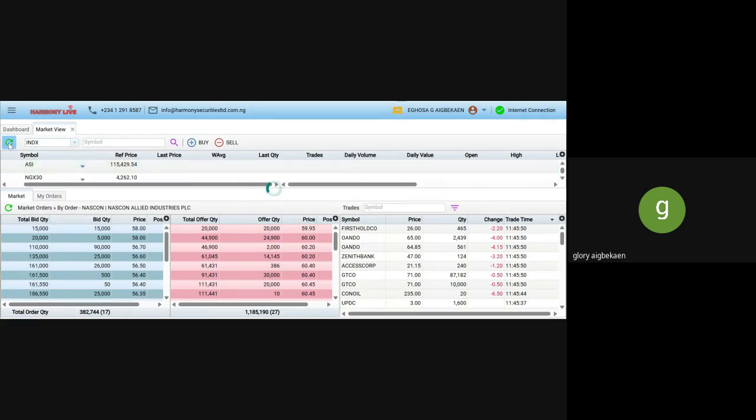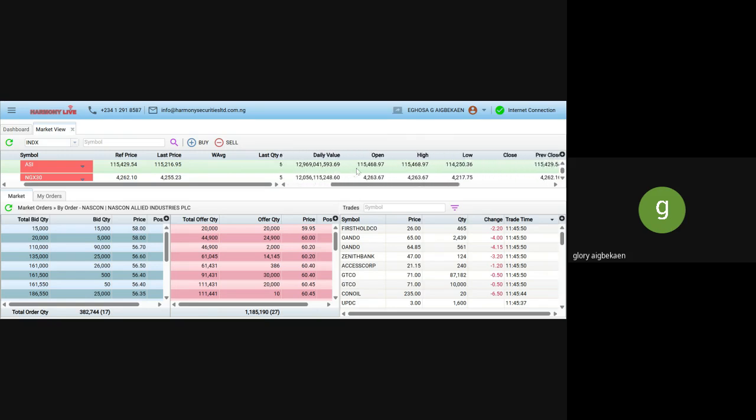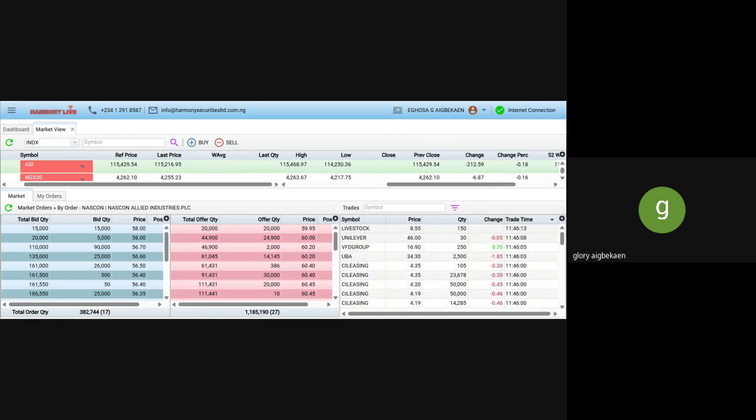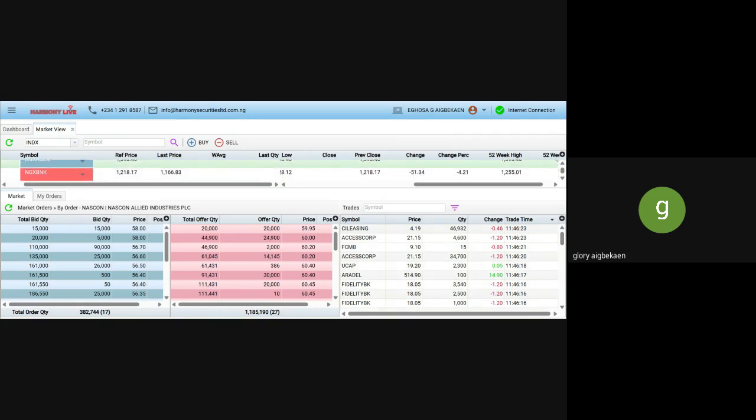So let's refresh. This is the Nigerian index, and this morning it was 0.18%. So let's check the banking index.